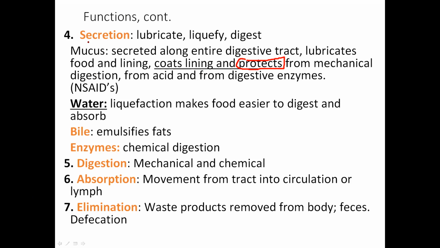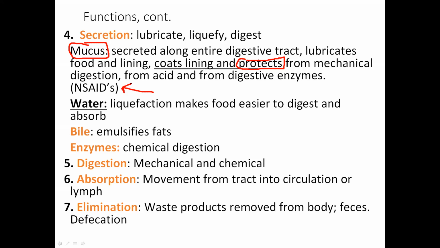If you hurt the mucus, you are going to get ulcers. That's one of the side effects of mucosal lining problems. One of the most common ways people do that is by taking NSAIDs.